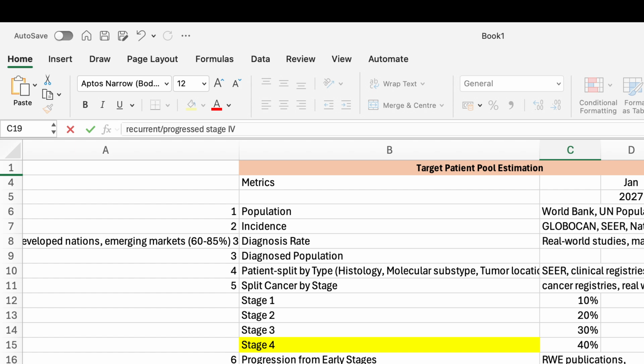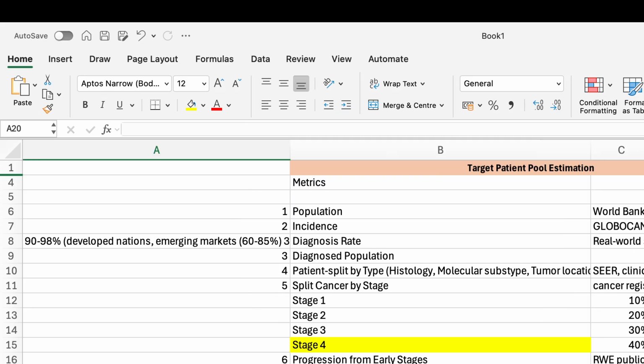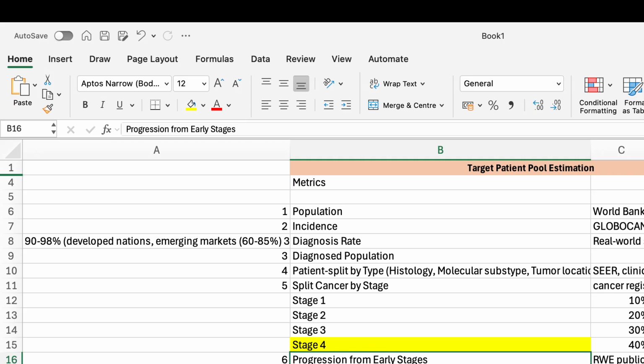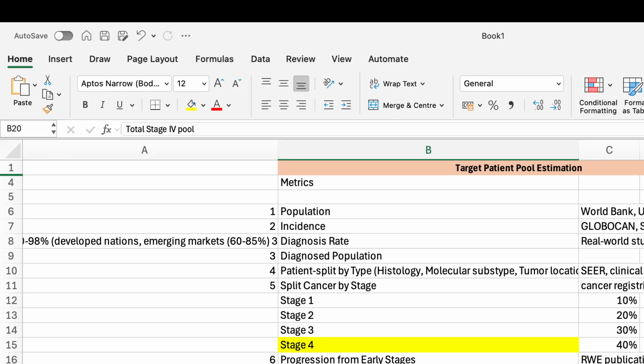So once you have your total stage 4 pool, the total stage 4 patients equal new stage 4 cases plus progressed patients from early stages. So this means all the early stage progressed patients plus new stage 4 cases. That would be your total stage 4 population.